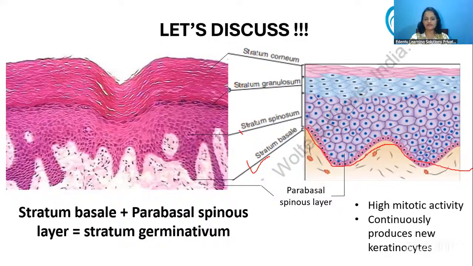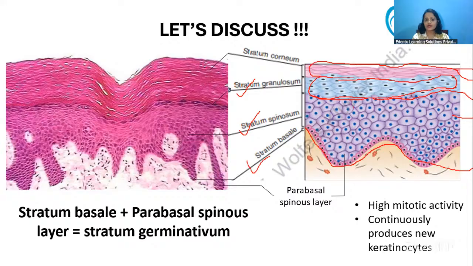Above that we have the stratum spinosum, the purple colored cells. On top of that is the stratum granulosum, the blue colored cells, and the topmost layer is the stratum corneum, or the corneal layer. So these are the four layers in keratinized epithelium.